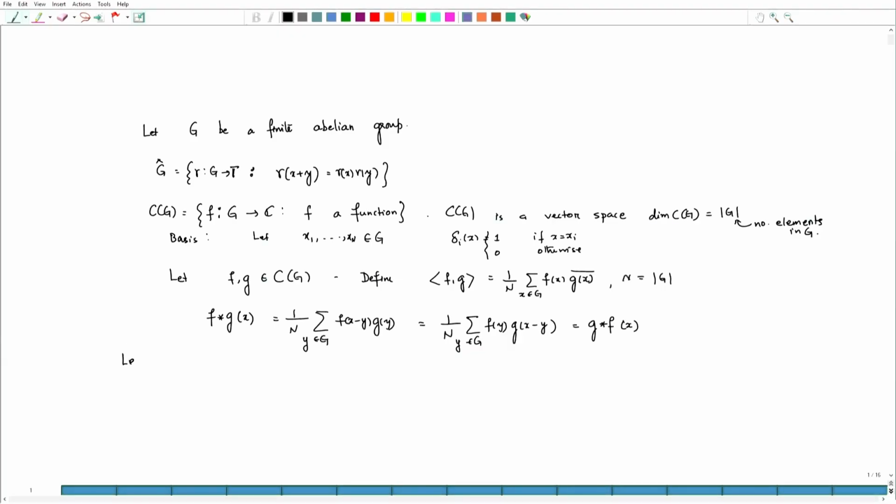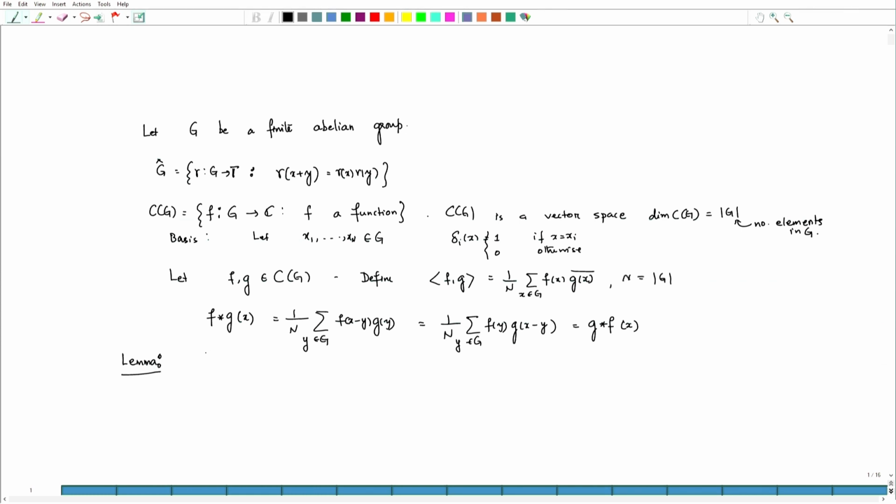Here we would also like to see whether that holds in this setting or not. Towards that, we need this lemma.